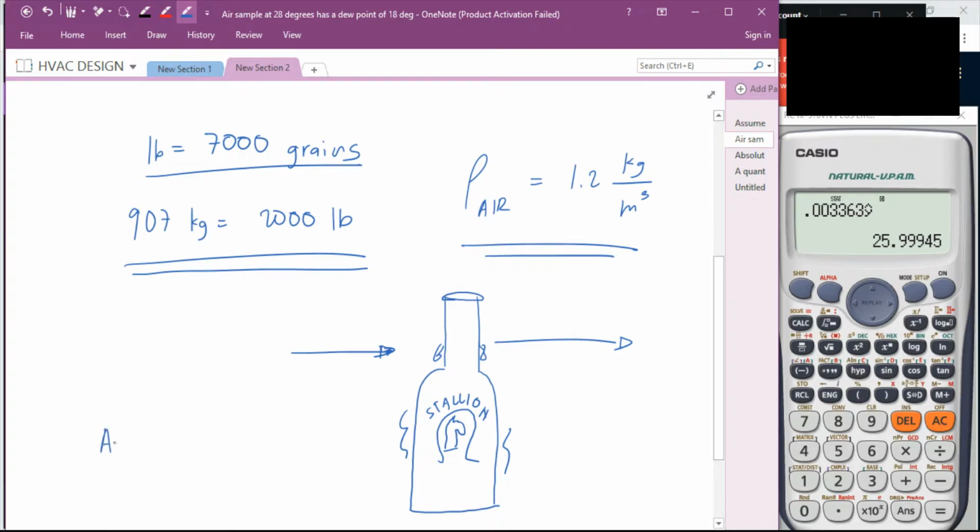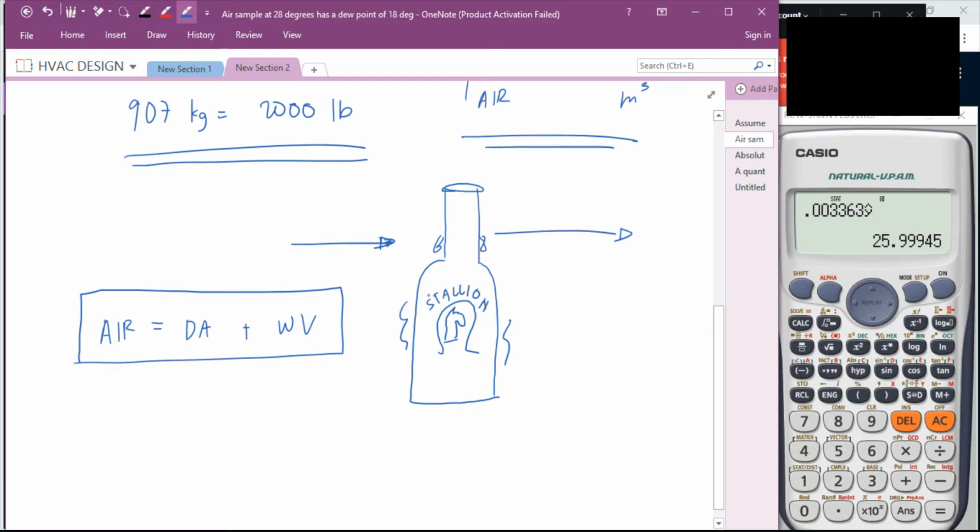Isipin mo that your air is composed of the dry air and water vapor. Ano ibig sabihin? Plus the water vapor. Yan parati yung kanyang idea dyan. Okay? Now, uulitin ko, kapag yung dry air mo tumama dito sa cold body, magkakaroon siya ng pagpapawis.